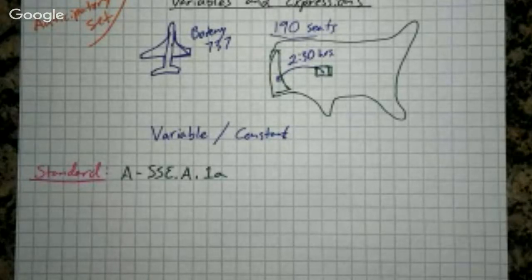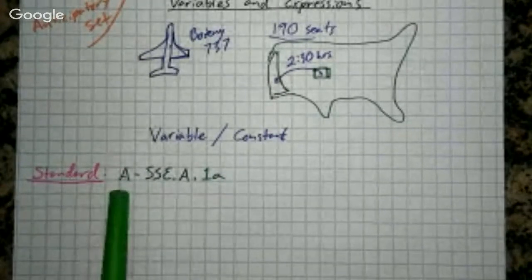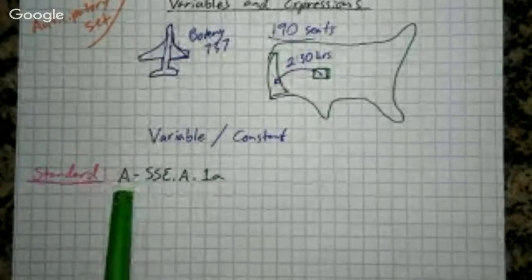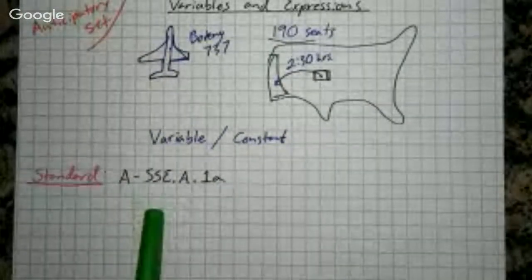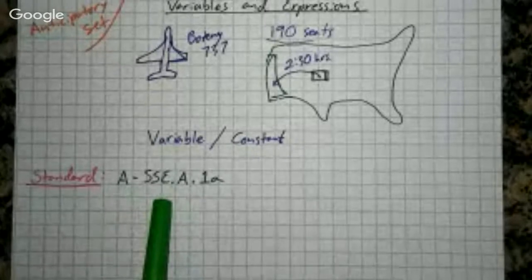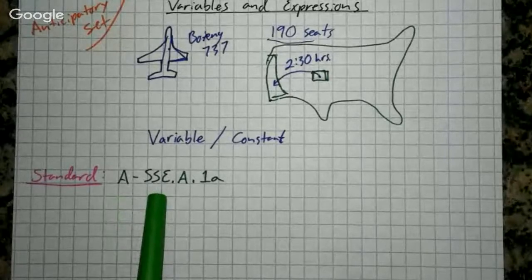So first of all, that doesn't make really any sense, right? So let's go ahead and look. What do you think this means? Or you don't have to decide what it means. I'll tell you what it means. A stands for algebra. That's the kind of math we're in right now, algebra. This second three letters stands for seeing structure in expressions. So in algebra, there's a substandard, seeing structure in expressions.